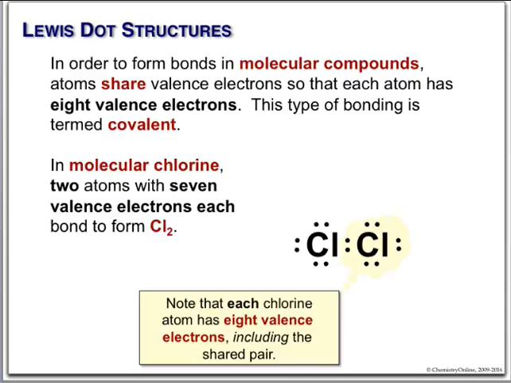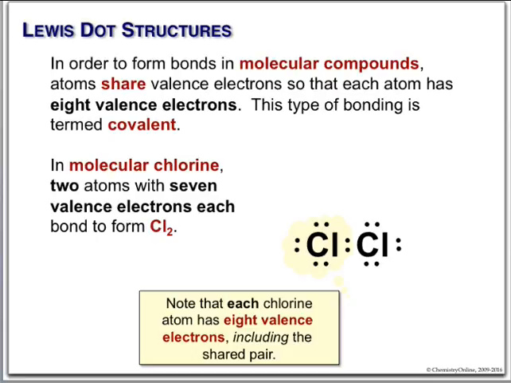So this chlorine has 2, 4, 6, 8 electrons. It satisfies the octet rule. This chlorine, 2, 4, 6, 8 electrons. They both have 8 electrons. This is a shared pair of electrons. You count it for both.